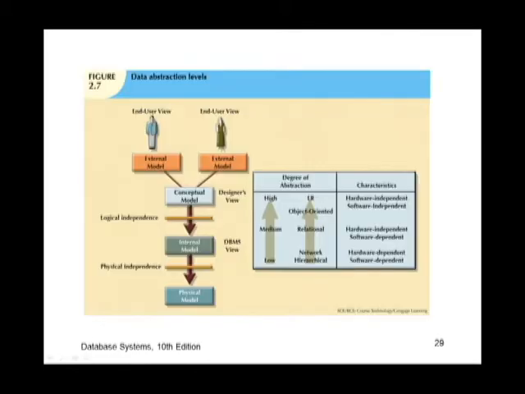And here it is, figure 2-7 or 2.7 in your textbook. And notice we start at the top of the model relating to our end users. This is an external model. The end users are not interested in anything below the level that they are on. So they don't care how the database was designed.